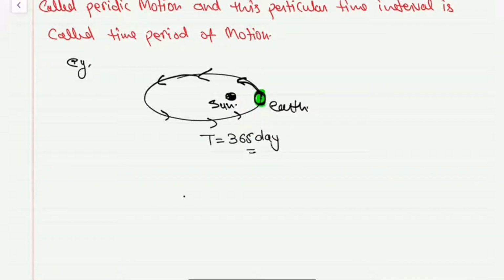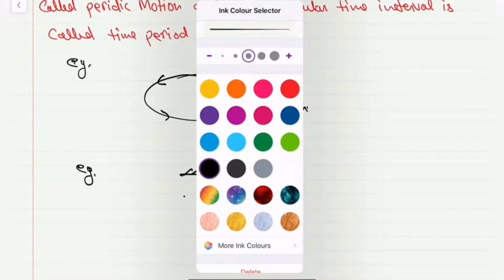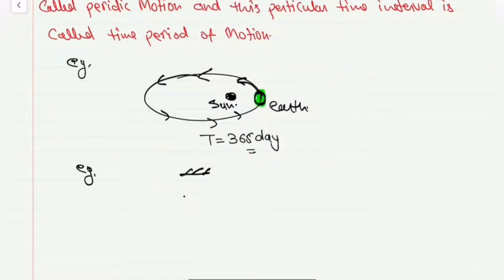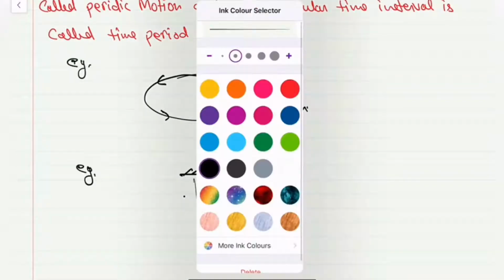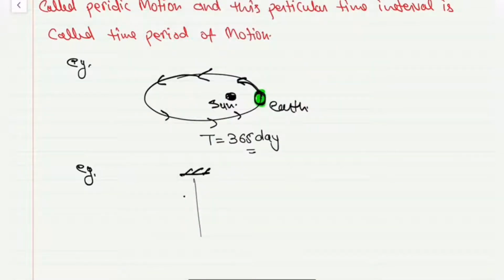Another example of periodic motion is the motion of a simple pendulum about the point of suspension.